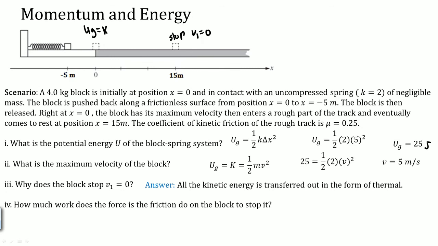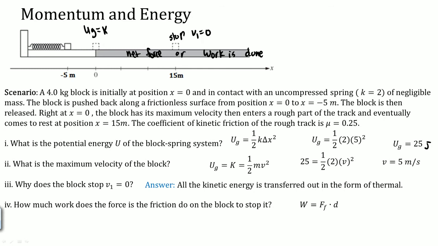So there has to be a net force here, or you can say that work is done here to stop the block, because energy is coming out of the system. So to do this, work is equal to force times distance.